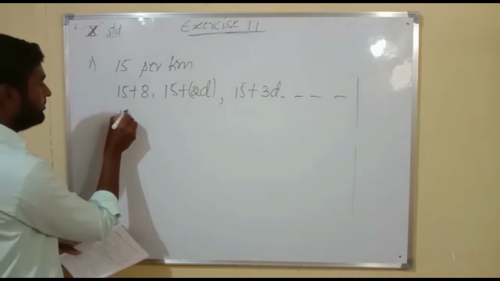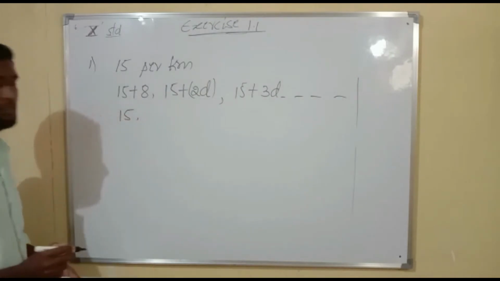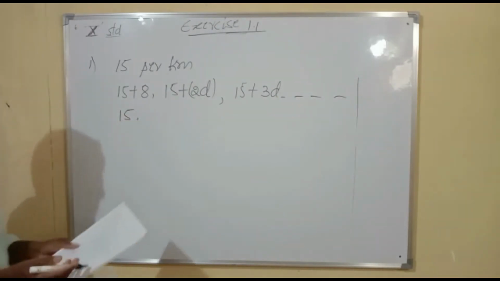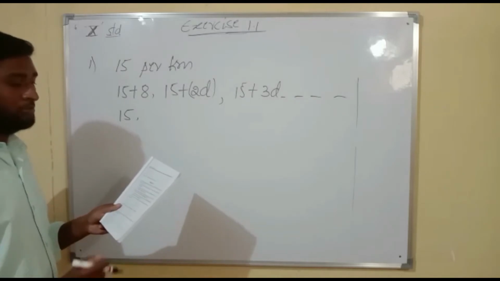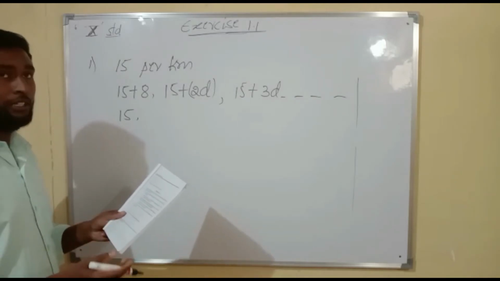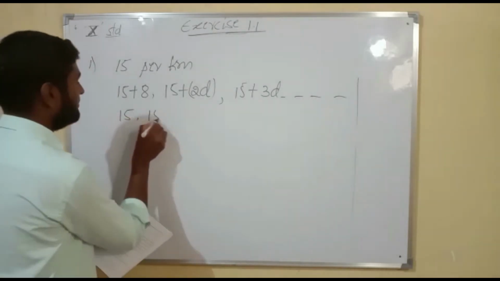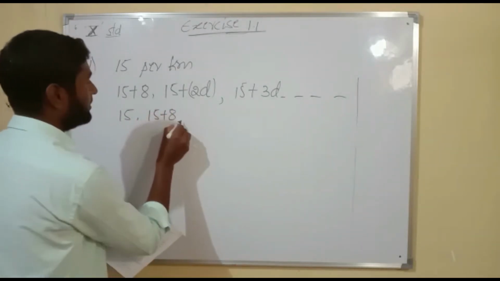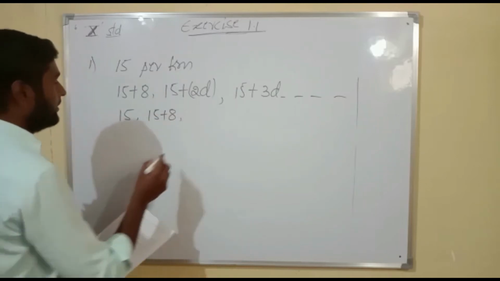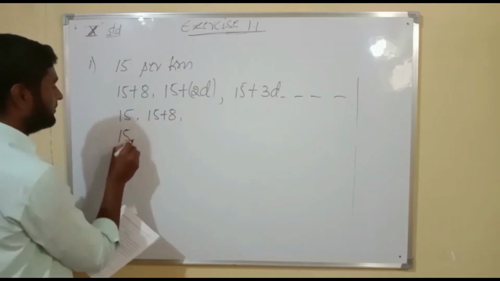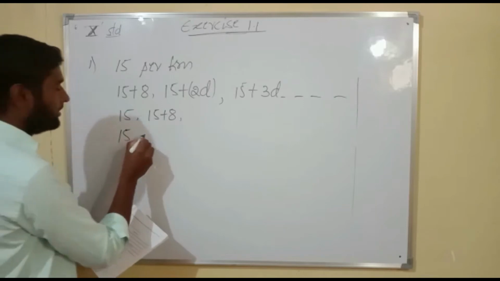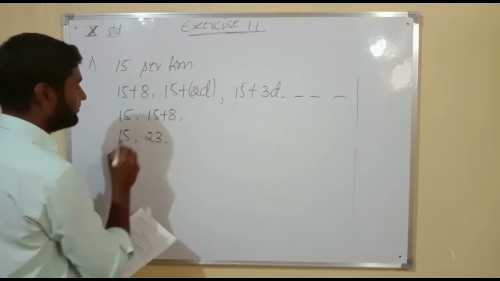In the first kilometer it is 15 rupees. For each and every further kilometer, 8 rupees is added. So 15 plus 8 is 23.